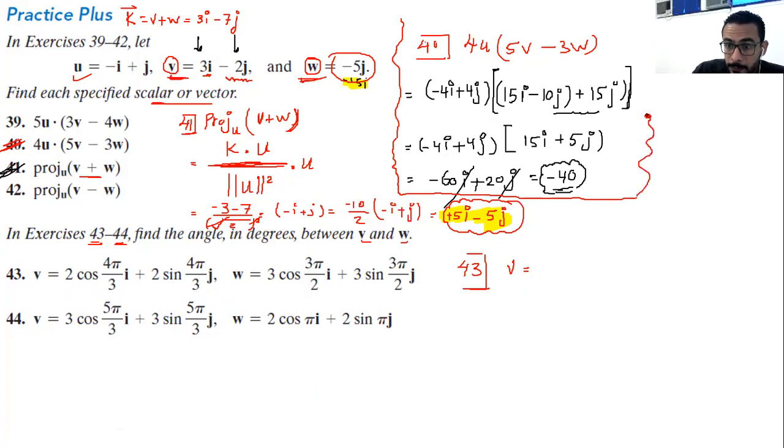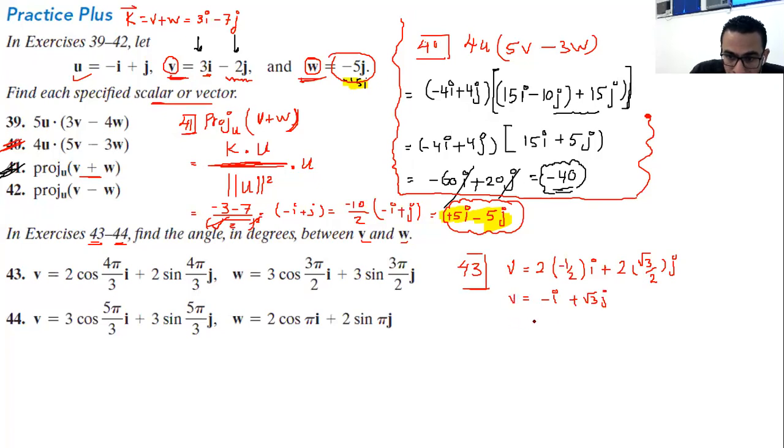Cosine 4 pi over 3 is cosine 240 degrees, which is negative one half, times 2 gives negative 1 i. Sine 4 pi over 3 is negative radical 3 over 2, so the j term is negative radical 3 j. This is V.